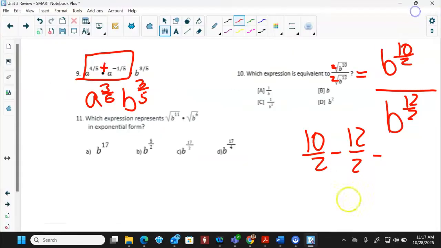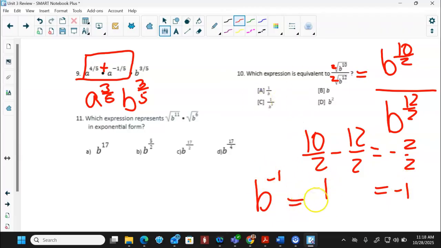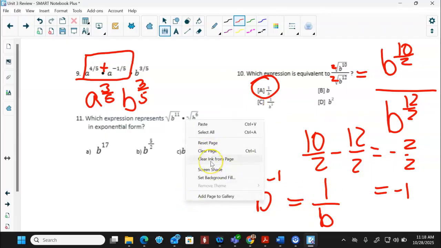Sorry about that. All right, so that's going to be -2/2, which is really -1. So what does that mean? B to -1. How do we write it? Remember, it's 1/B. So it's going to be answer A, not answer C. Answer A, because it's B to a first power, okay? Again, pause it if you need to write it down.